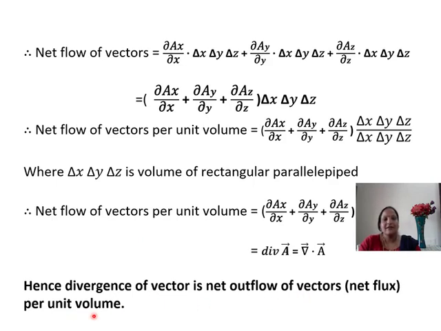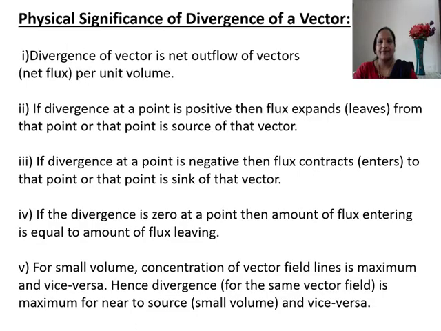This is the physical interpretation of divergence of a vector. So, from the physical interpretation, it follows that divergence of a vector is net flow of vectors per unit volume.